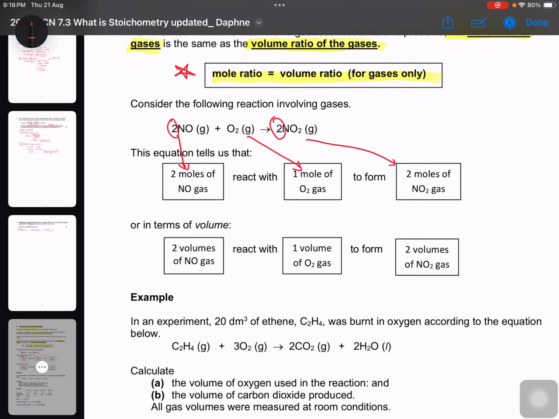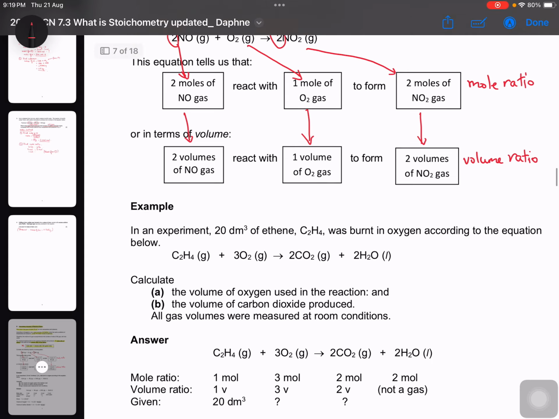It will also apply to volume, the same number. 2 moles, you can also change it to 2 volumes, and 1 volume, and 2 volumes. So this is our mole ratio. It is equal to the volume ratio if all the substances we are talking about are gases.